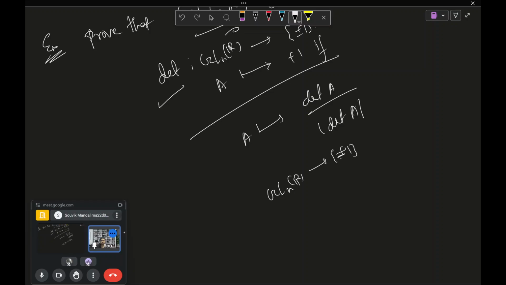Now do you understand? Yes, sir. It is not just the determinant, it's determinant A by modulus determinant A. It gives a map from GLn R to plus minus 1 and it attains both of its values obviously. It's surjective, so that's why GLn R is not connected.